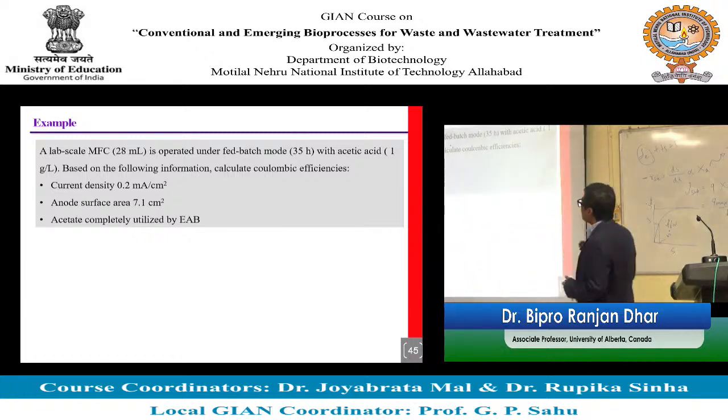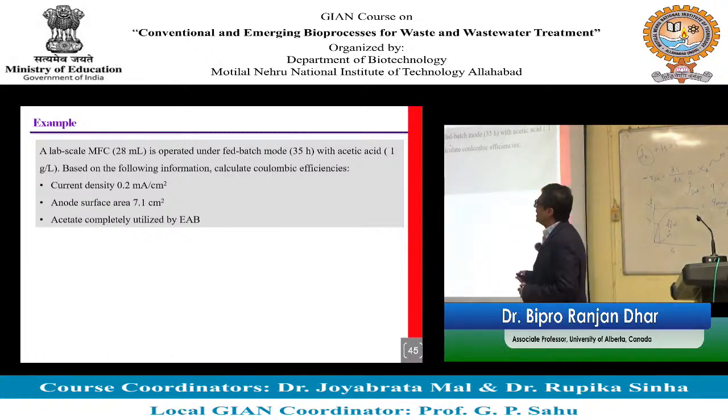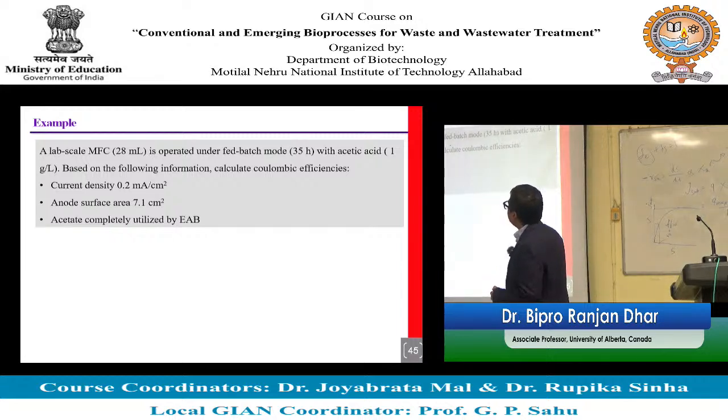The first example: a lab scale MFC of 28 ml is operated under fed batch mode for 35 hours with acetic acid at 1 gram per liter. Based on the following information, calculate Coulombic efficiency. Current density is 0.2 milliamp per centimeter square, anode surface area is 7.1 centimeter square, and acetate is completely utilized by EAB.